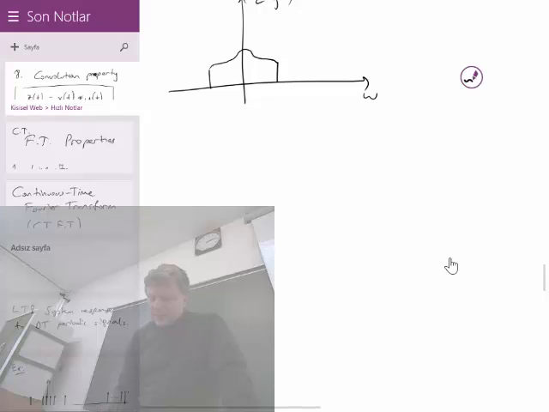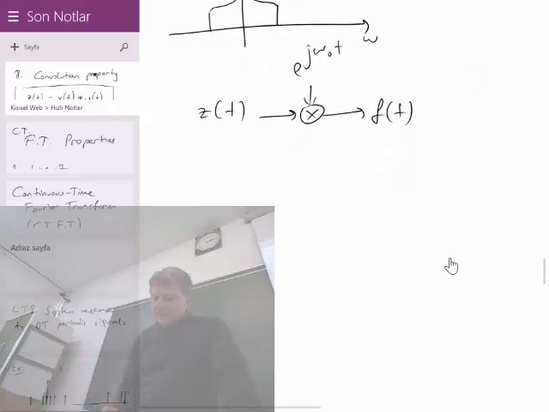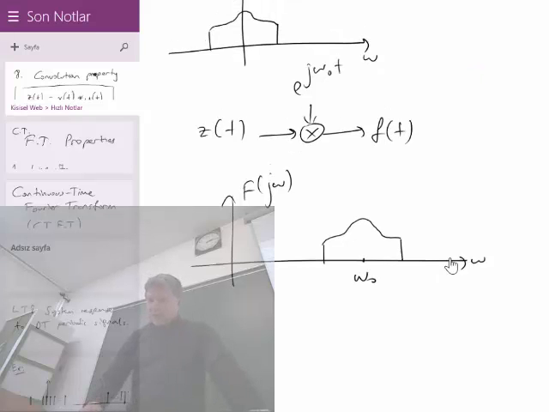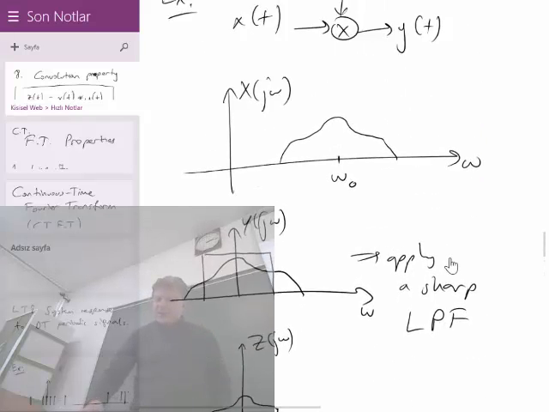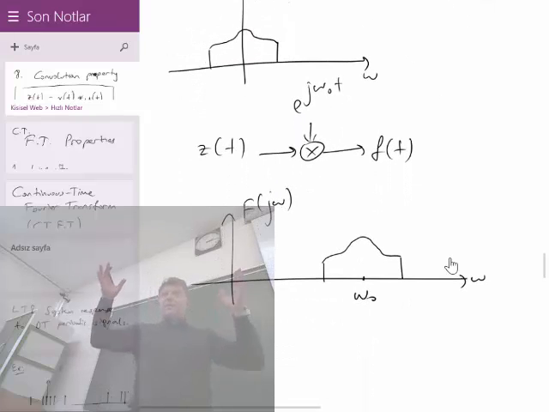Finally, what you do is, this time you multiply z of t by e to the j omega 0 t to have, let's call, f of t. And f of t will be, again, such a function that its Fourier transform will look like this. So effectively, f of j omega is a bandpass filtered version of that x of j omega at the top, but with a very sharp bandpass filter. You just cut around omega 0 very sharply.